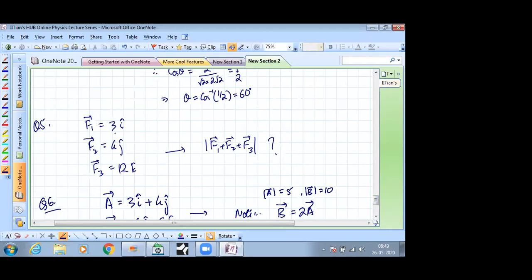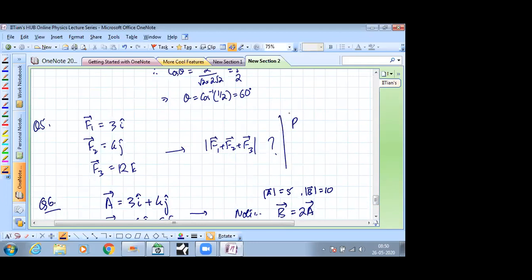See, Sarvesh, it's given to us that 3 forces are perpendicular to each other. Okay. And their magnitudes are 3, 4 and 12. And we have to find the resultant force's magnitude. So if they are mutually perpendicular, that means we can take them to be along x, y and z axis respectively. We can define our x, y, z axis such that they are along the forces F1, F2 and F3. So what about the resultant force then?